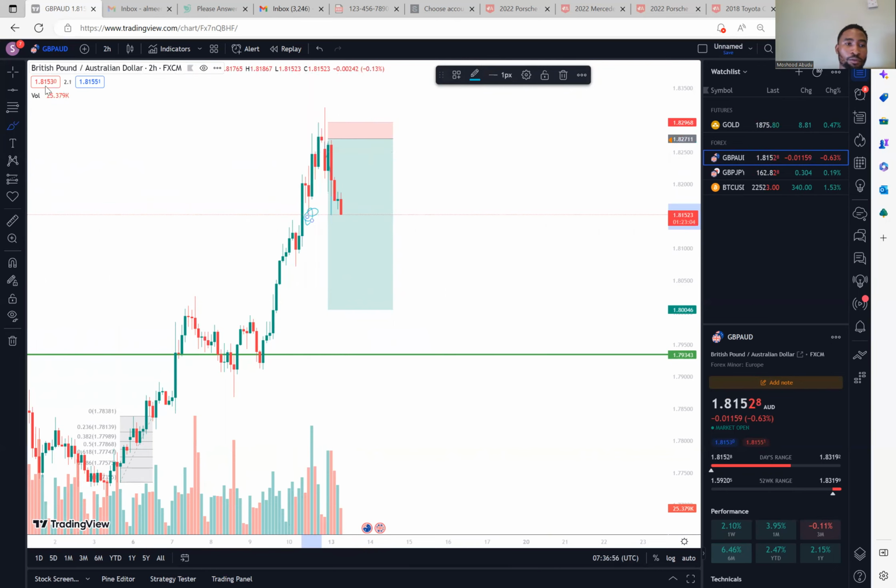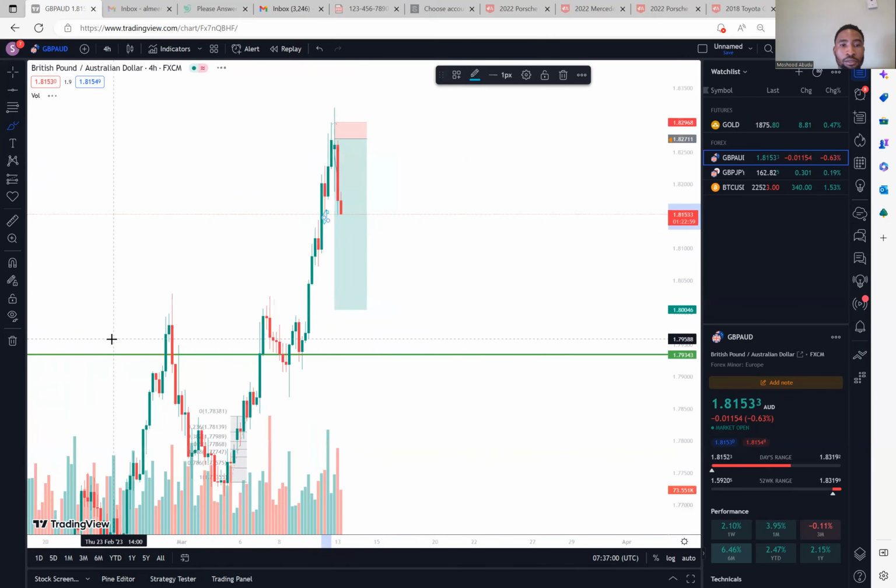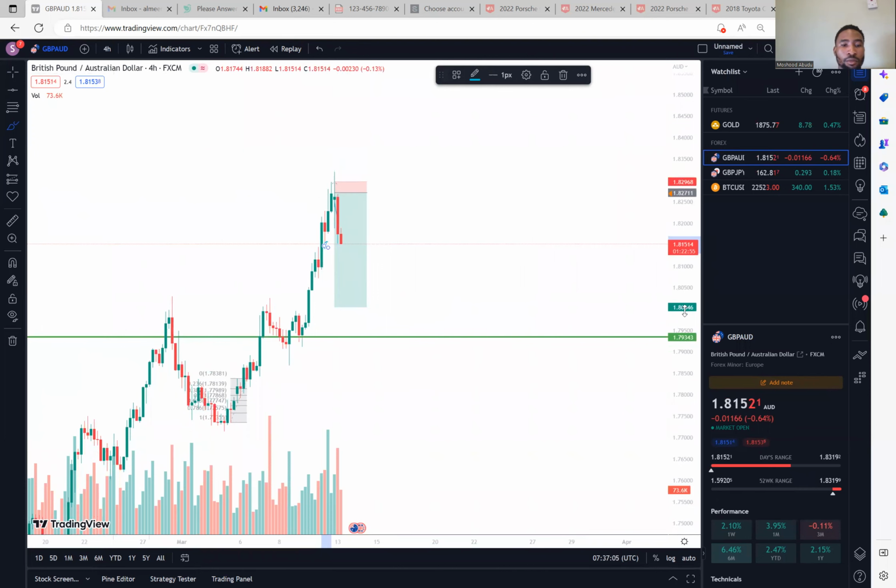So first of all, let me go back to 4 hours. On 4 hours, we can see the previous candle closed equally as our previous higher low. Then we have this, might be a stop loss hunt.